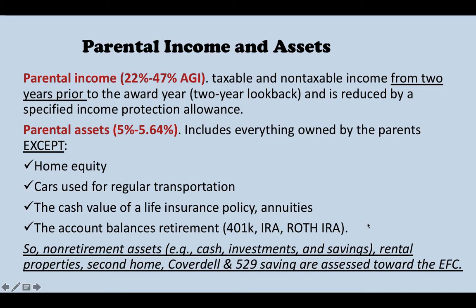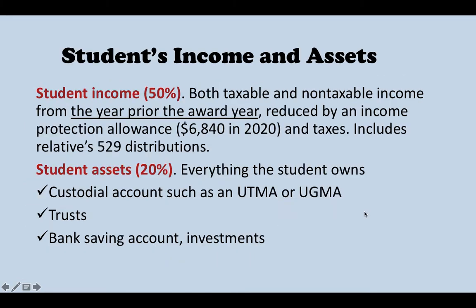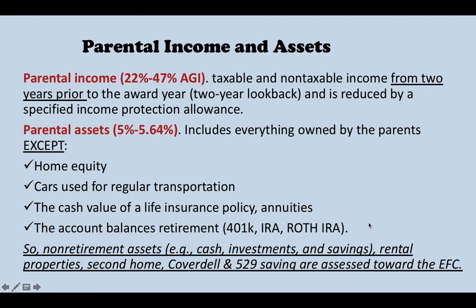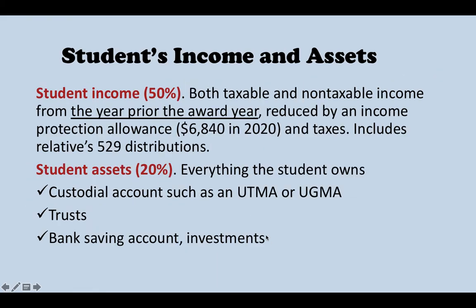Another thing you should know is, instead of putting assets in the student's name, maybe you should save in a 529. They are counted at a much lower rate. This is something you need to consider.